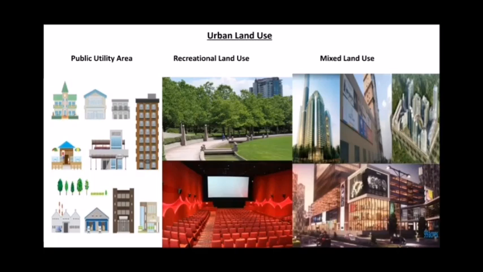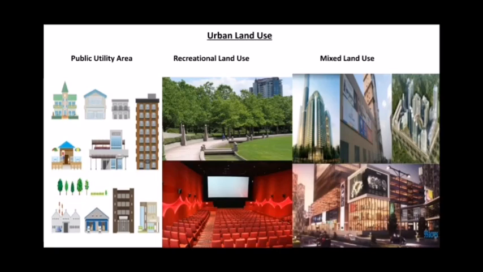The area under these services comes under the category where we can find hospitals, post offices, police stations, police grounds, schools, colleges, universities, etc. So, public utility area is used for all these things.